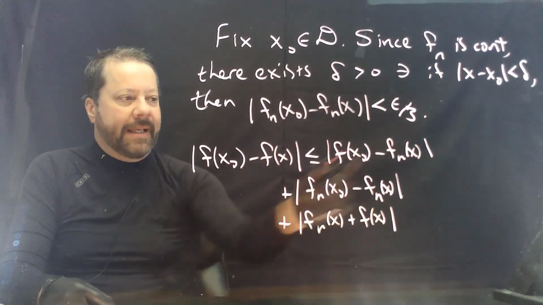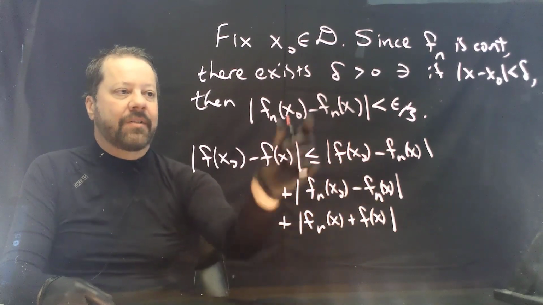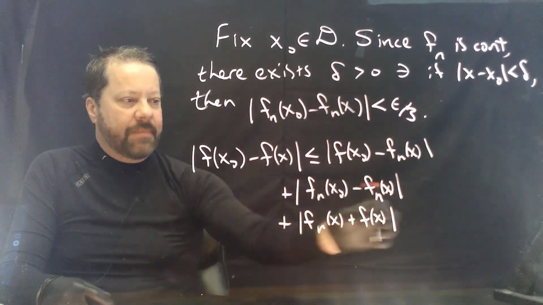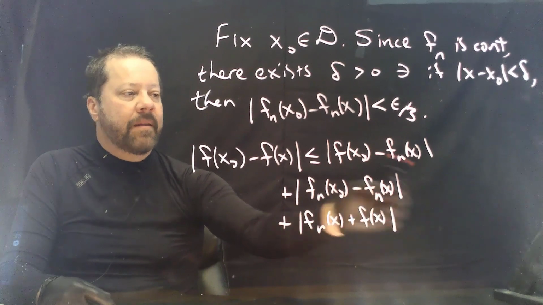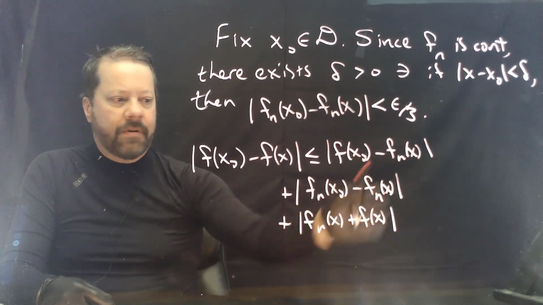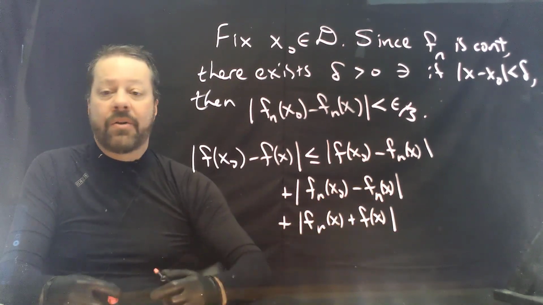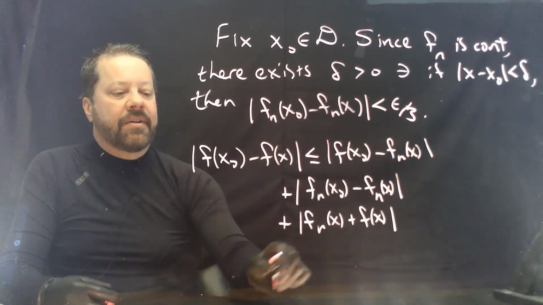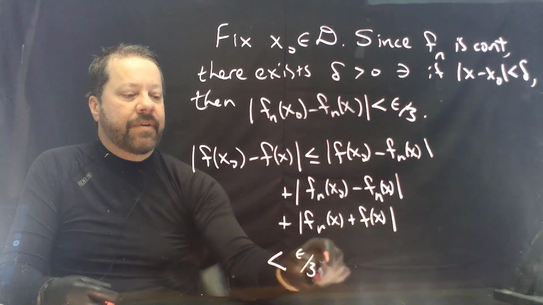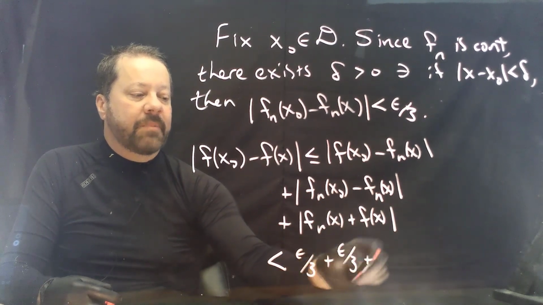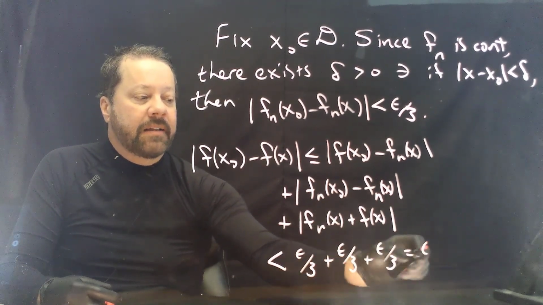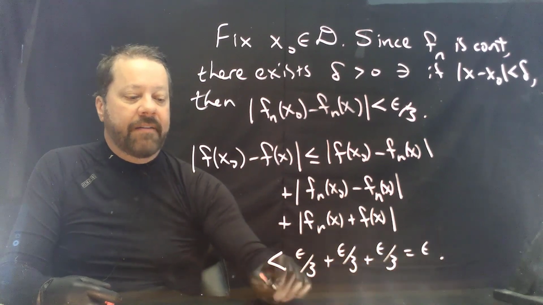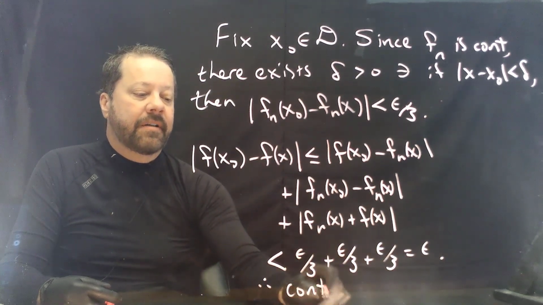Now we know we can get close in each and every single one of these. We said epsilon for these, but we can use epsilon divided by 3 just as well. And so this will be less than epsilon over 3 plus epsilon over 3 plus epsilon over 3 equals epsilon, and therefore it is continuous.